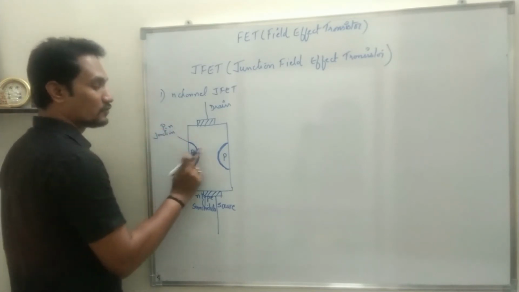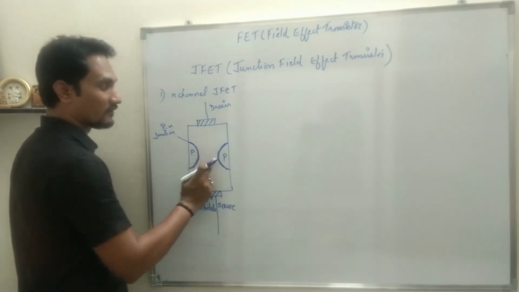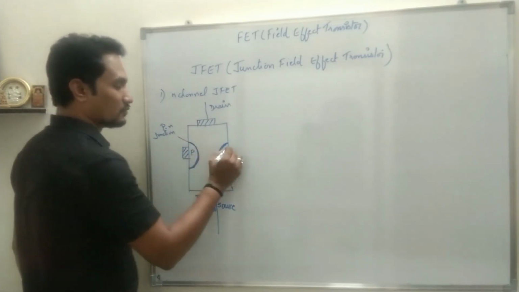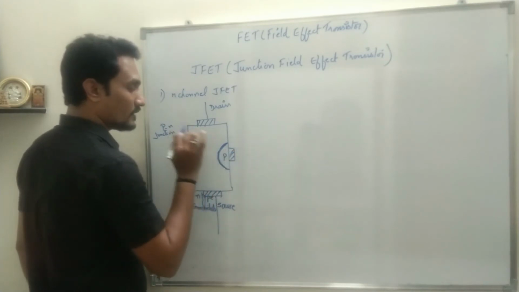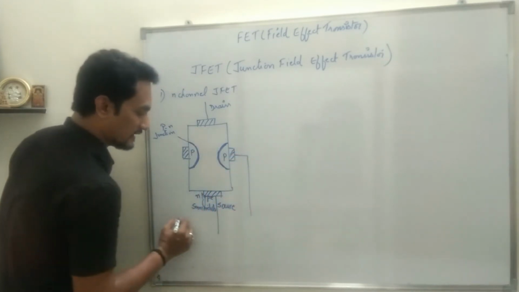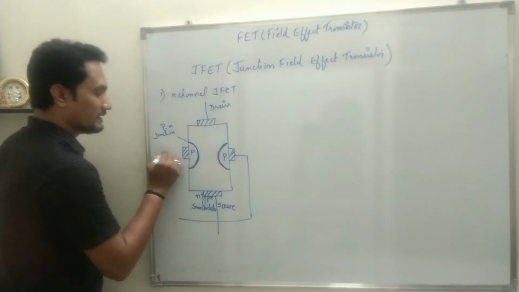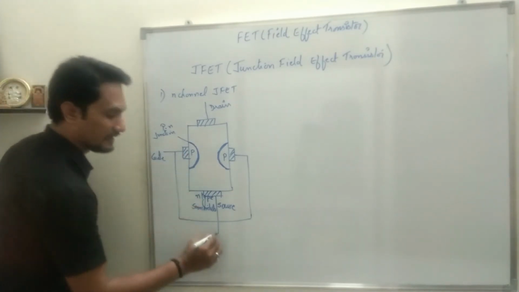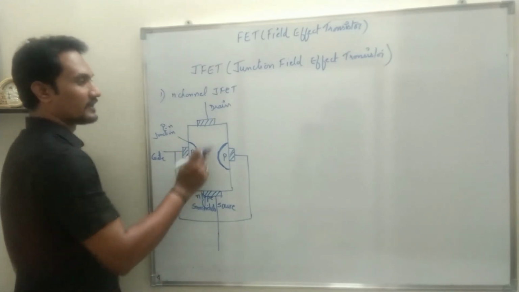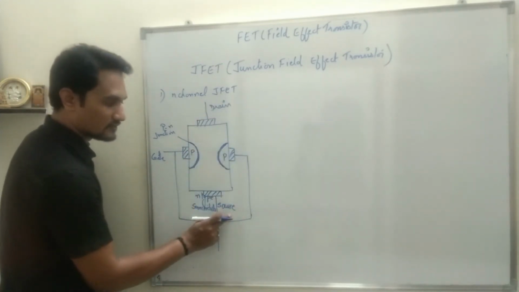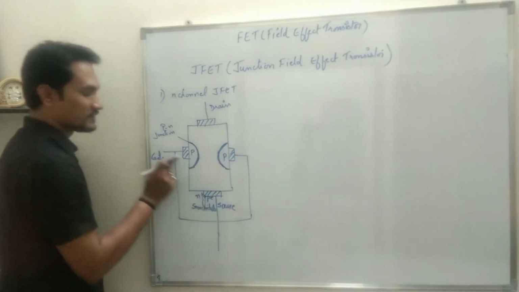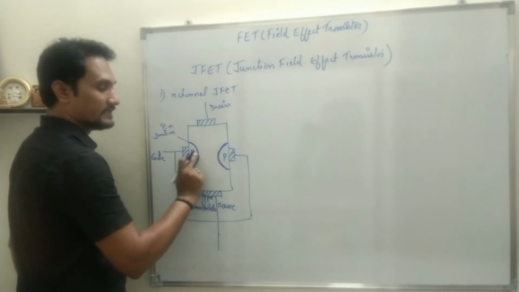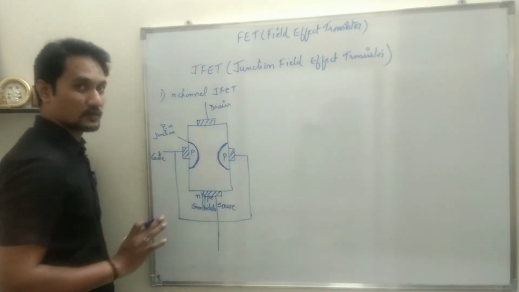That means you form two p-n junctions on either side of the n-channel JFET. These are the other two terminals, but they are always internally connected, and this terminal is called the gate. So now we have three terminals: drain, source, and gate. The two p-n junctions formed on either side are connected internally together.